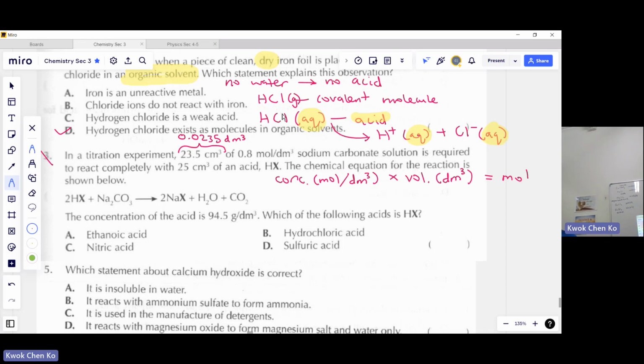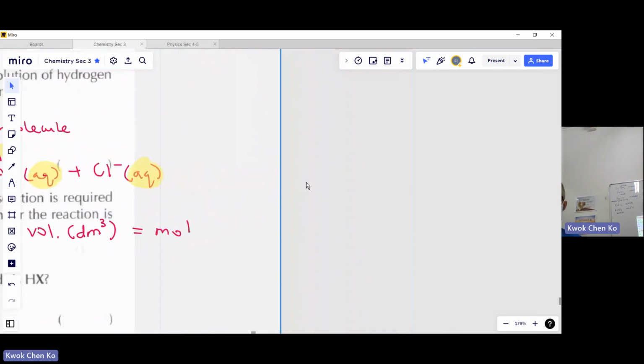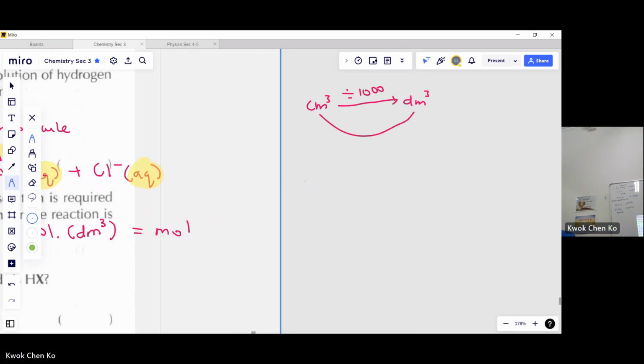A reminder on how to do that: from cm cube to dm cube, you divide by 1000, and of course the reverse is also applicable. Please be familiar with that. Anytime you see cm cube, convert to dm cube. Don't think too much.